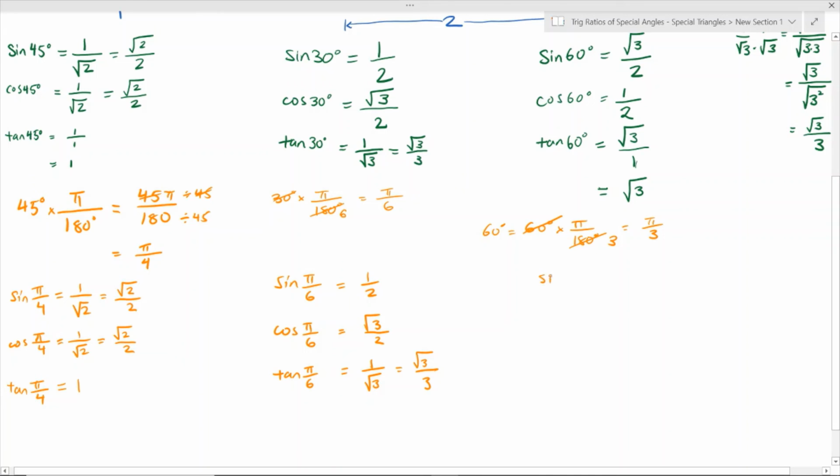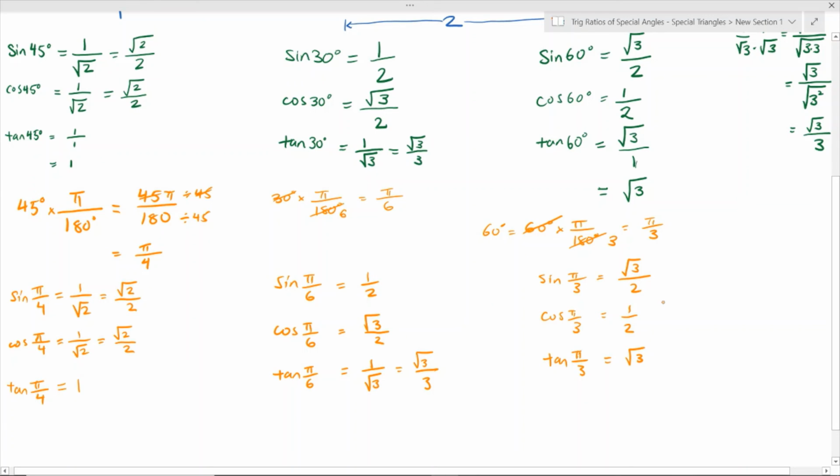So sine pi over 3 is going to give square root 3 over 2. Cos pi over 3 is going to give 1 over 2. And lastly, tan pi over 3 is going to give square root 3, as shown right here.